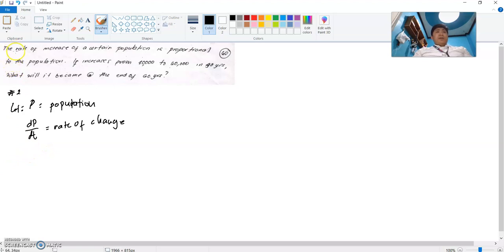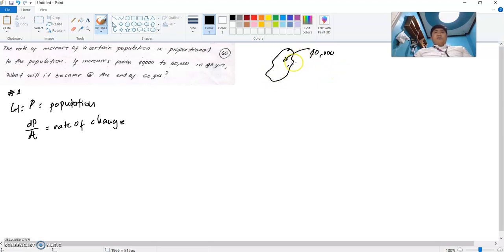Let's look at the problem again. The rate of increase of a certain population. So for example, a certain place or island where people migrated and started with a population of 40,000.